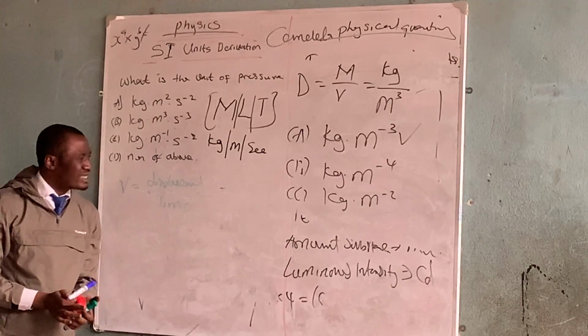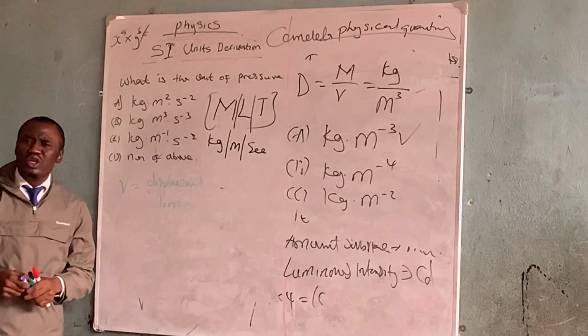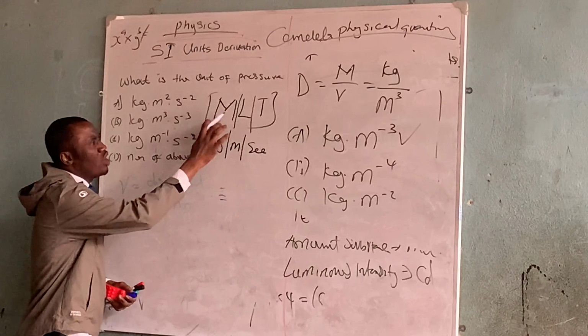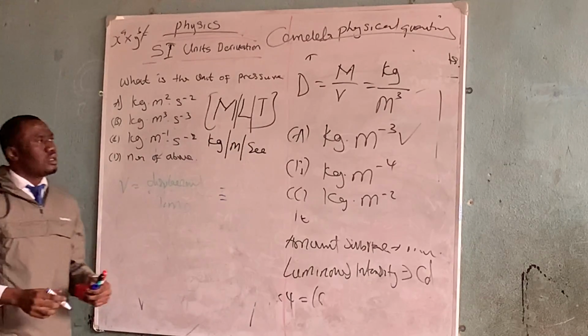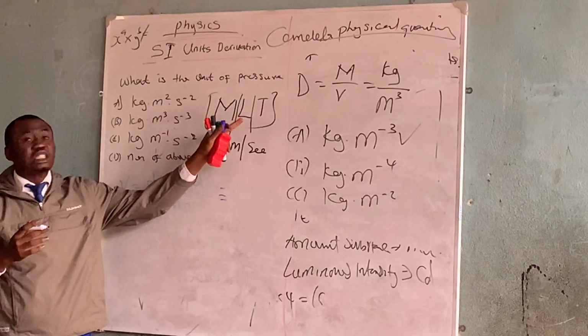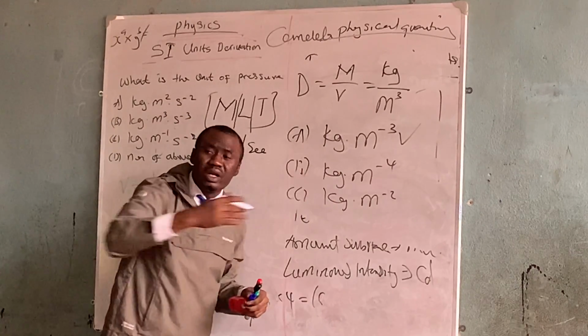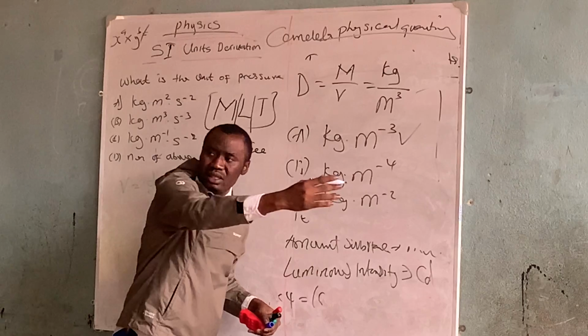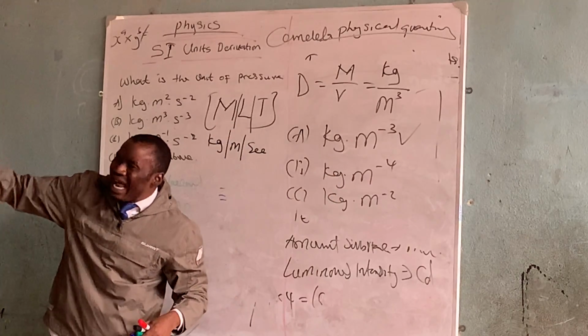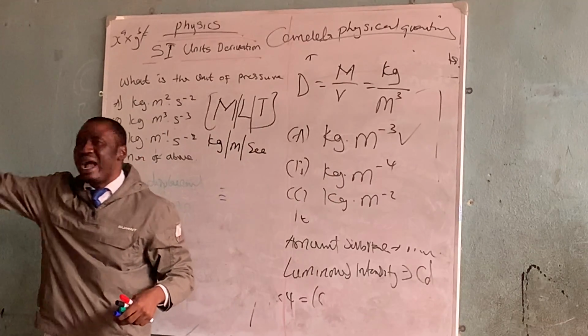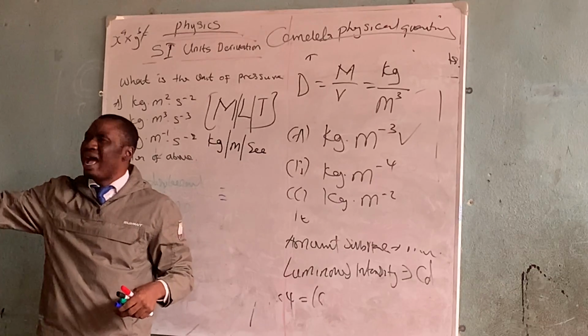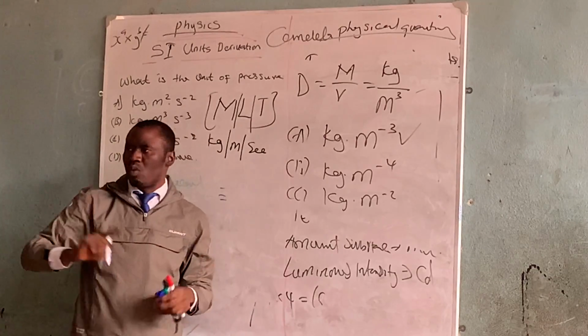Now, I want to ask a question. What do you think we can use to represent displacement from all these things? Length and time. Displacement is length, because displacement is the total distance. Displacement is the total length of a body regarding the final position and the initial position. What do I mean? Let me explain.